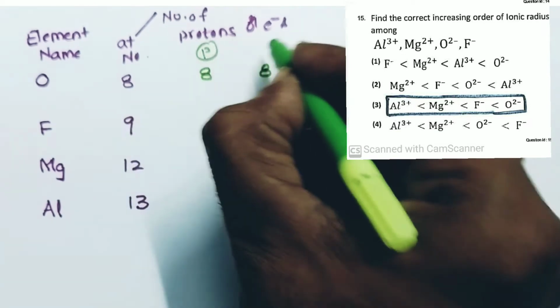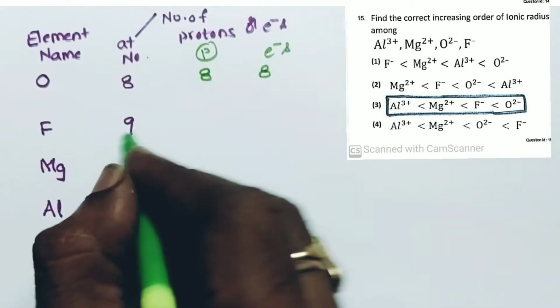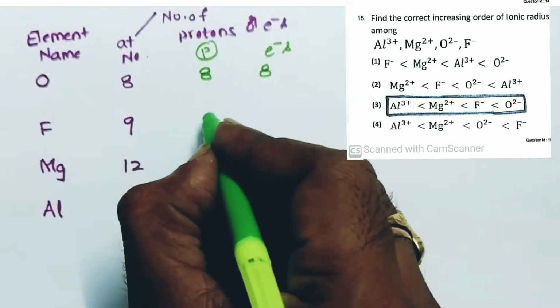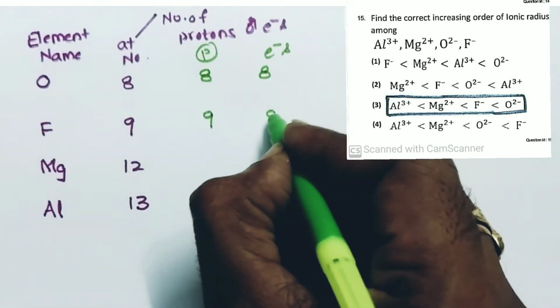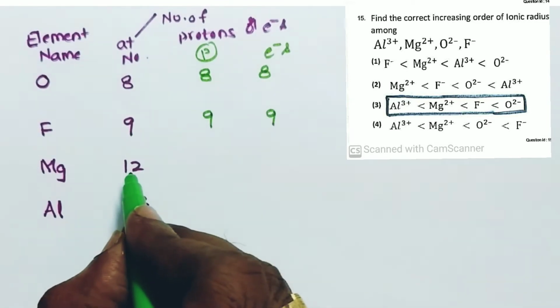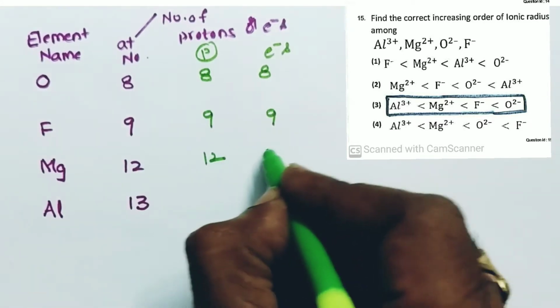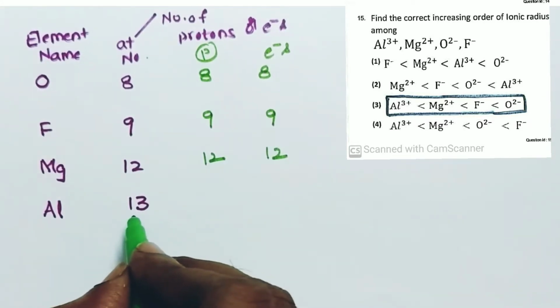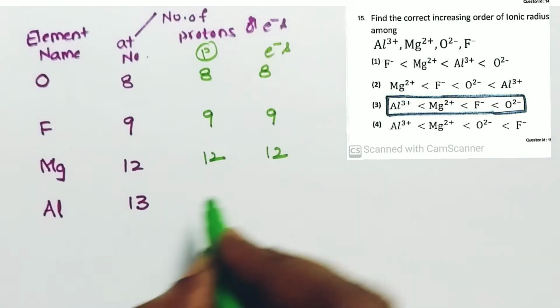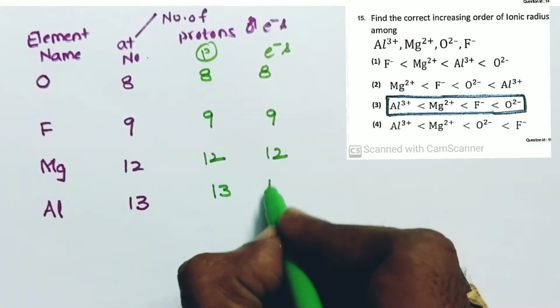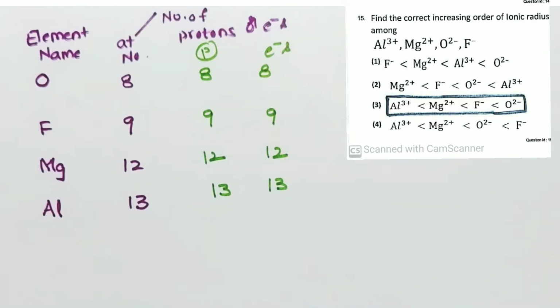These are protons and these are electrons. So for fluorine there are 9 protons and 9 electrons. The atomic number of magnesium is 12. It means there are 12 protons and 12 electrons. So atomic number of aluminum is 13. That means there are 13 protons and 13 electrons.